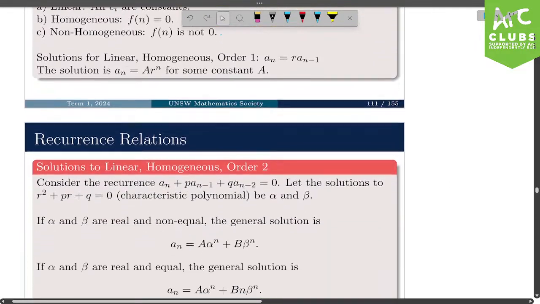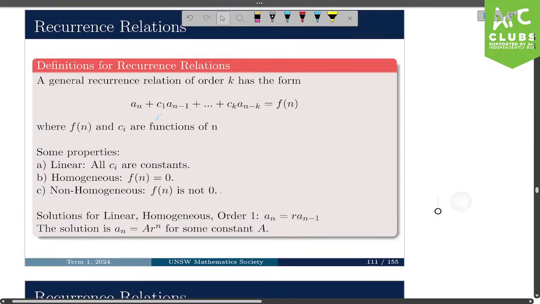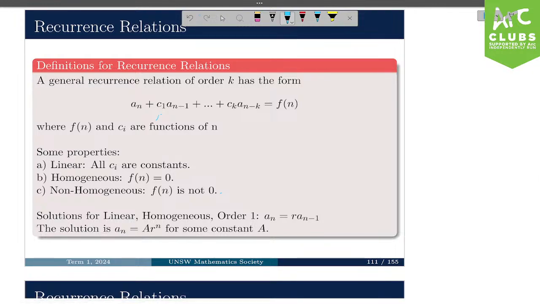And so the solution for a linear homogeneous order 1: it says that a_n plus c_1 a_{n-1} is equal to 0, so a_n is equal to minus c_1 times a_{n-1}.